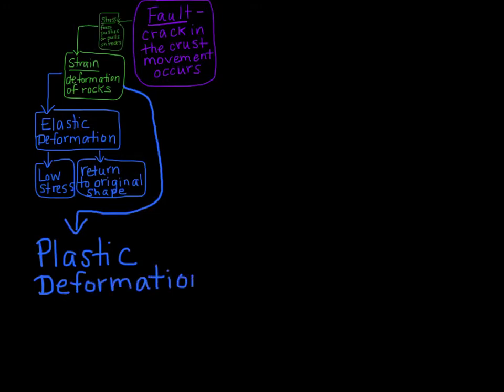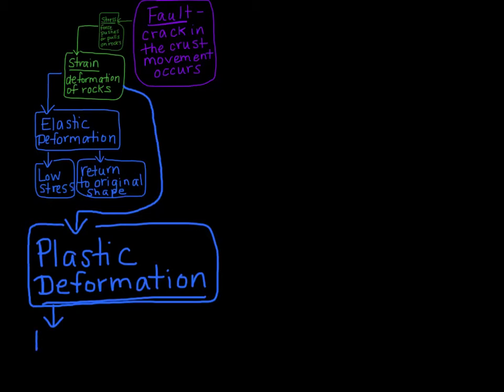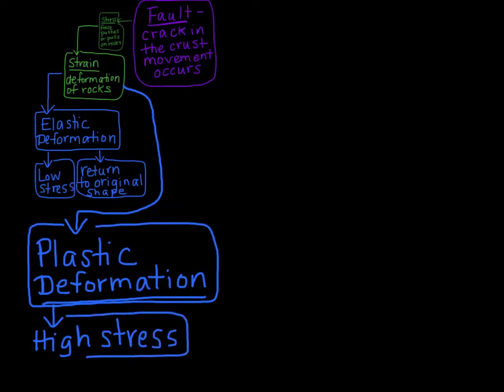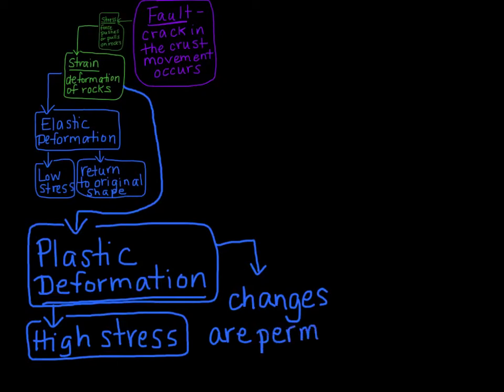The words are almost the same, but plastic deformation occurs when you have a high level of stress, and instead of the rocks returning to their original shape, the changes in the shape of the rocks are permanent.